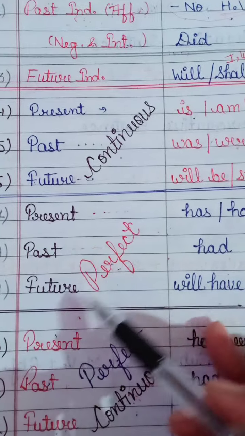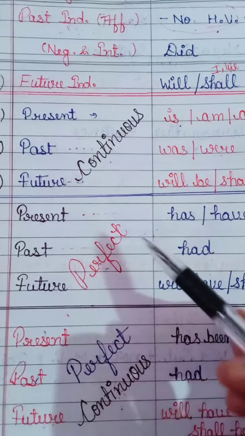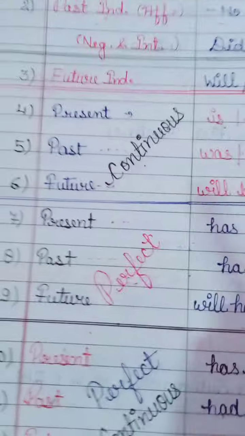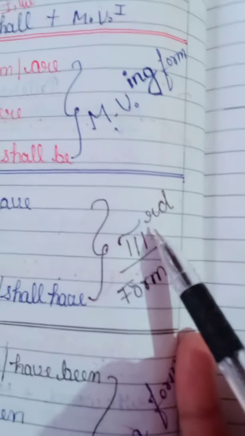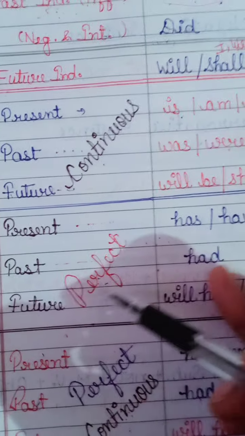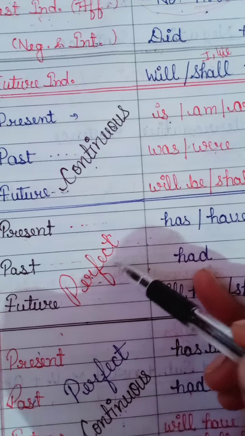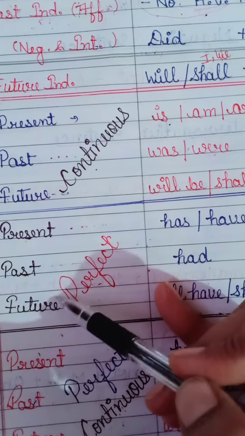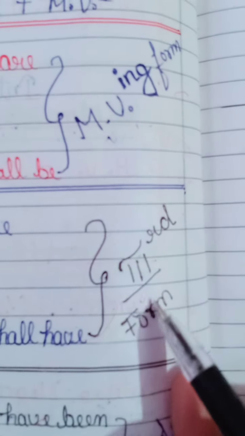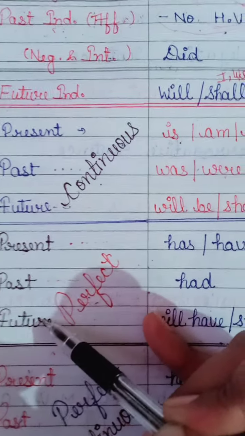Present perfect, past perfect, and future perfect. So we have to discuss only the helping verb, because the main verb is the same in all the tenses: third form of main verb in all the perfect tenses, whether it is present, past, or future.